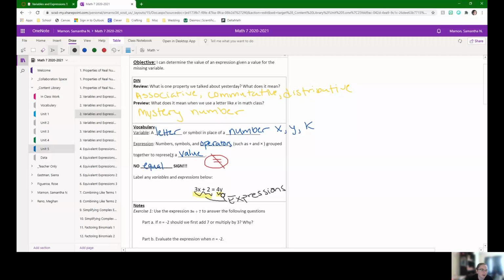Variables are just those letters. Let's highlight them in pink. So this x and this y, those are our variables. The equal sign, this whole thing can't be an expression because it's got an equal sign. So these are two separate expressions.